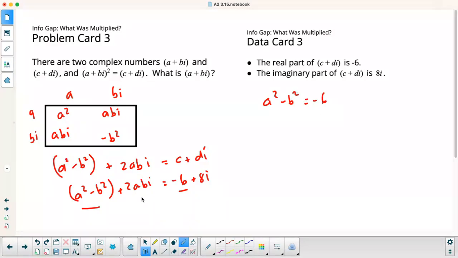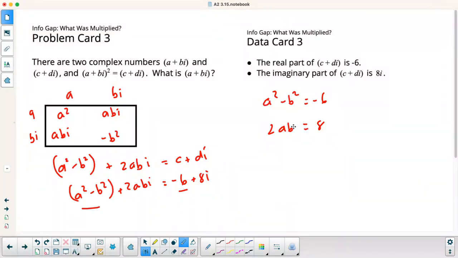And then we could say 2abi equals 8i. And if I divide each side by i, I can get rid of my i's to make things a little bit easier. So we end up right there.